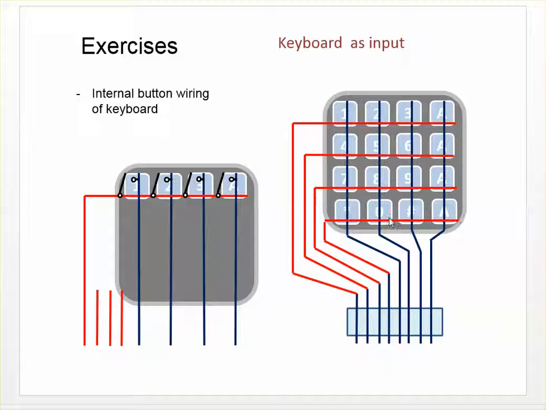So what we have to do is go through these buttons 4 times 4. First these columns, from left to right or right to left, it doesn't matter, and check if any key is pressed. If no key is pressed in the upper line, then we go to the next line and do the same routine.